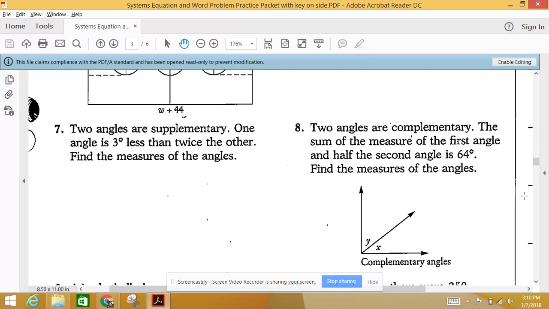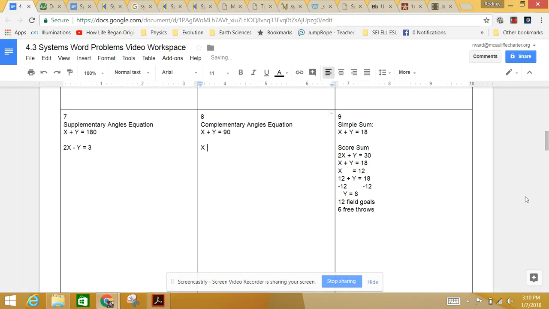And the other part is kind of the "I'm thinking of a number" piece of it, which says we're going to add the first angle to half of the second angle, and we'll get 64. So x plus 1/2 y equals 64 degrees.